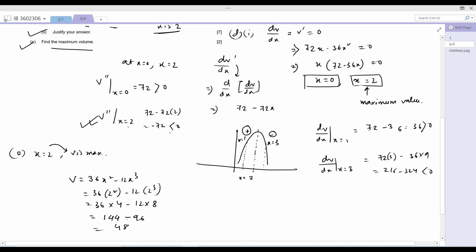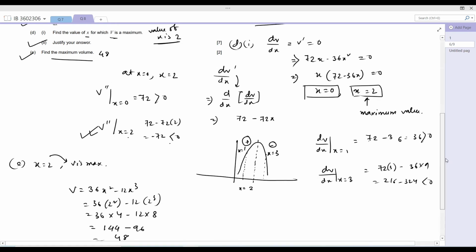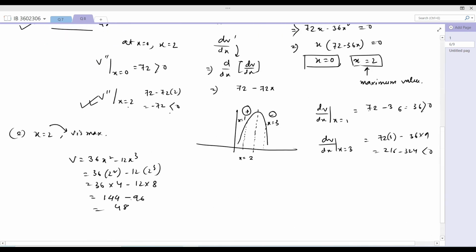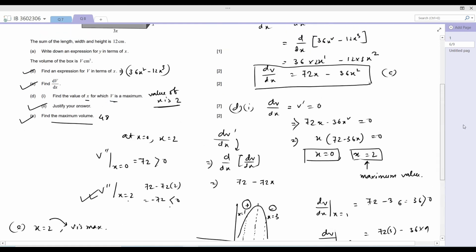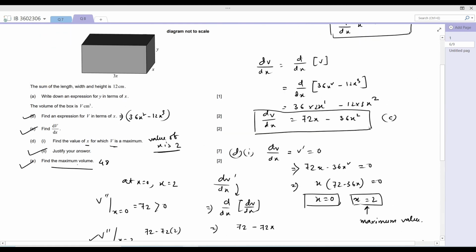The maximum volume is 48 centimeter cube. Always try to put the units. So in this way the complete problem is solved.